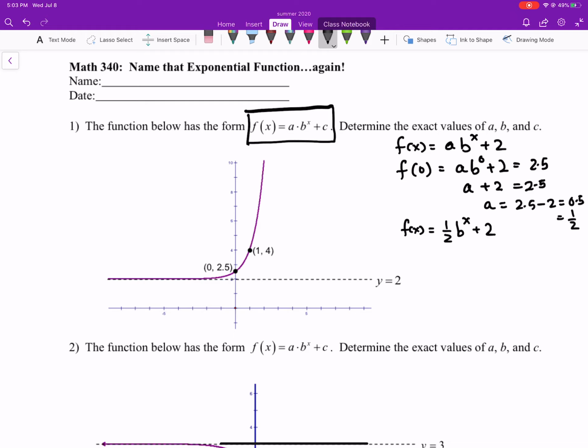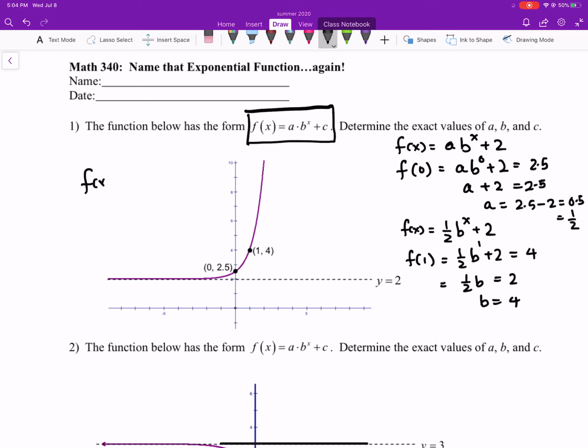Now I'm going to use a second point, which is f at 1: 1/2 b to the 1 plus 2 is equal to 4. So what do I get? I get 1/2 b is equal to 2, b is equal to 4.